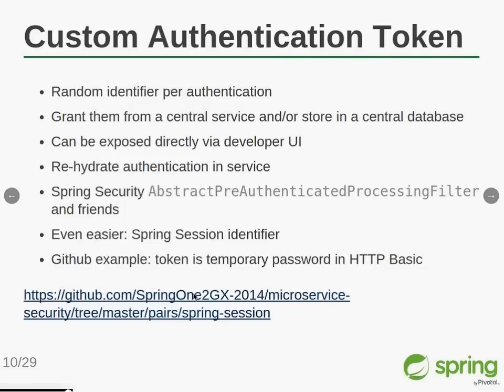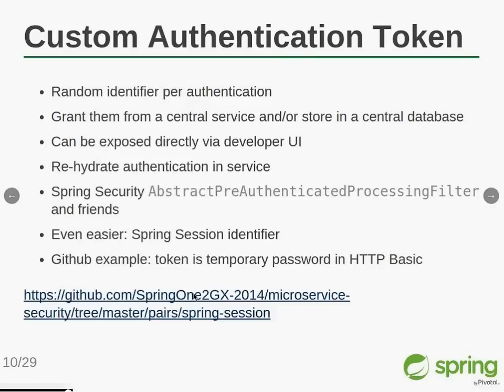So the client sends a random identifier in the header of each request, and the identifier has some data encoded in it, which was created from some central service. So there's a central service which creates the tokens, associates them with some user authentication or machine authentication, depending on what you want to use it for. Store that maybe in a database, maybe encode the credentials in the token itself.